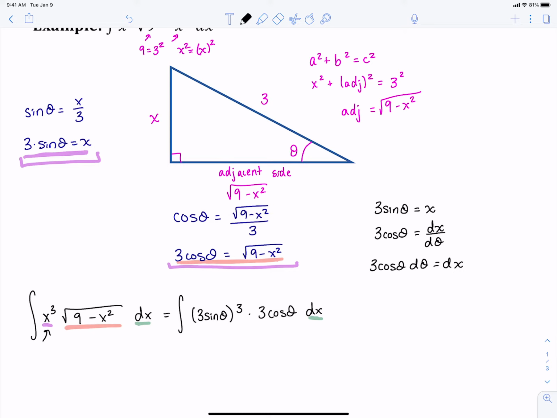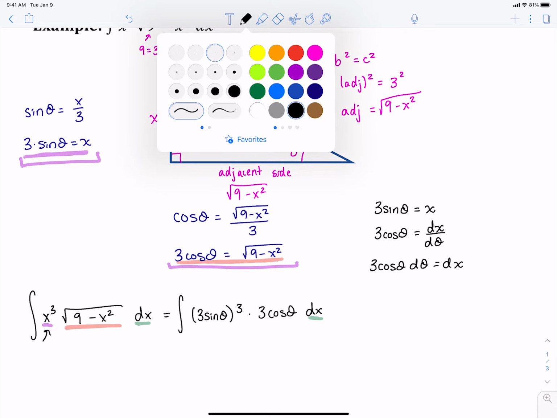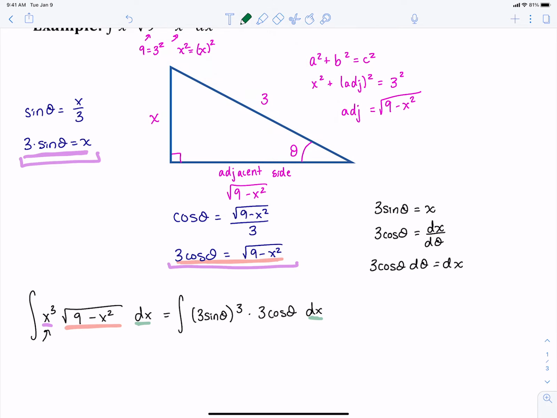Now, usually it's about at this point where a student asks me, hey, why don't we set up the triangle where the adjacent side is x and the hypotenuse is 3, so then this side is the square root of 9 minus x squared. You absolutely 100% could do this problem set up that way.